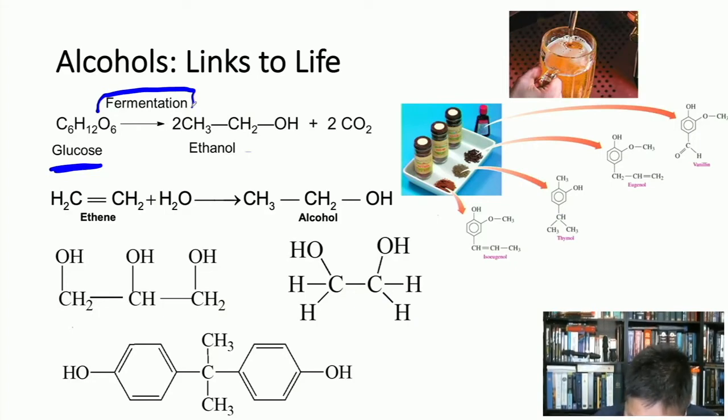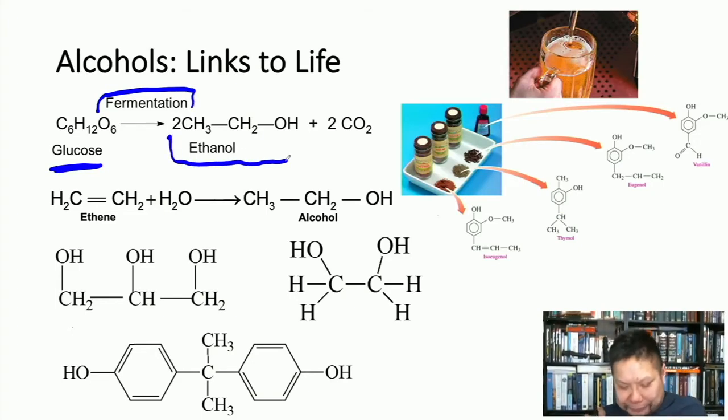Anyway, in the reaction though, we do alcohol fermentation, and we use glucose as the food source for the yeast, and we get ethanol, which is drinking alcohol, and carbon dioxide, right? So that's how you actually make beer. That's why beer gets fizzy, because of that carbon dioxide, and it has 7% alcohol in it, right?